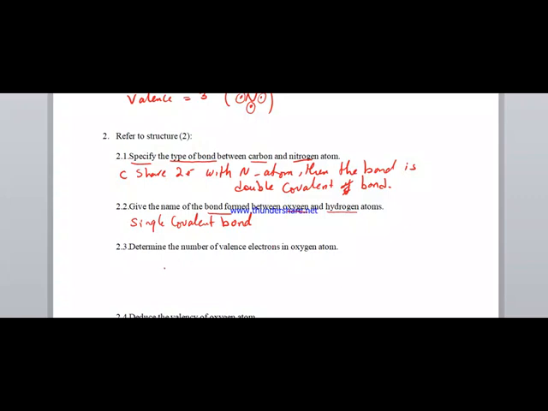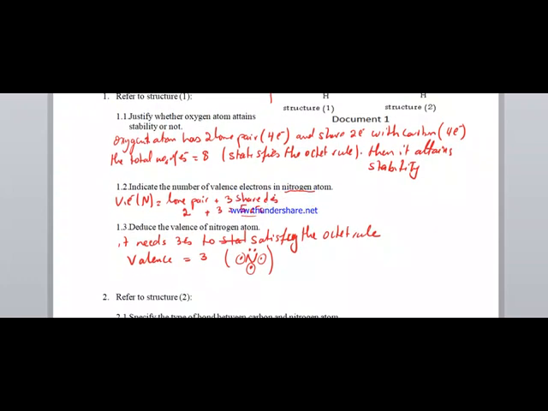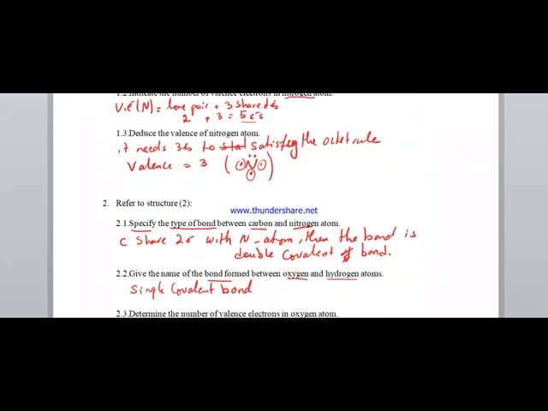Determine the number of valence electrons in oxygen. If we return to the lower structure, structure 2, we have two lone pairs. We have 4 electrons, and we have a shared electron with hydrogen and a shared electron with carbon. So we have 2 and 2, 4, and 5 and 6 valence electrons for the oxygen atom. How to write the answer in a question like this?